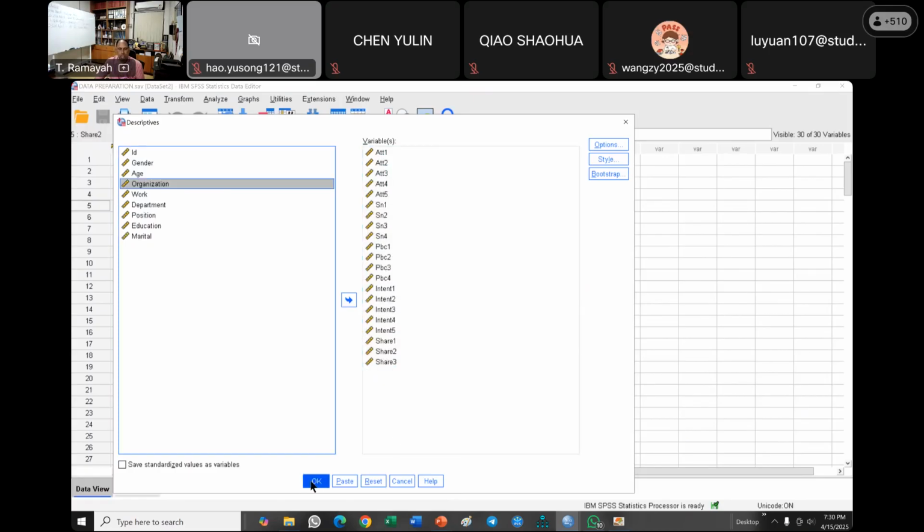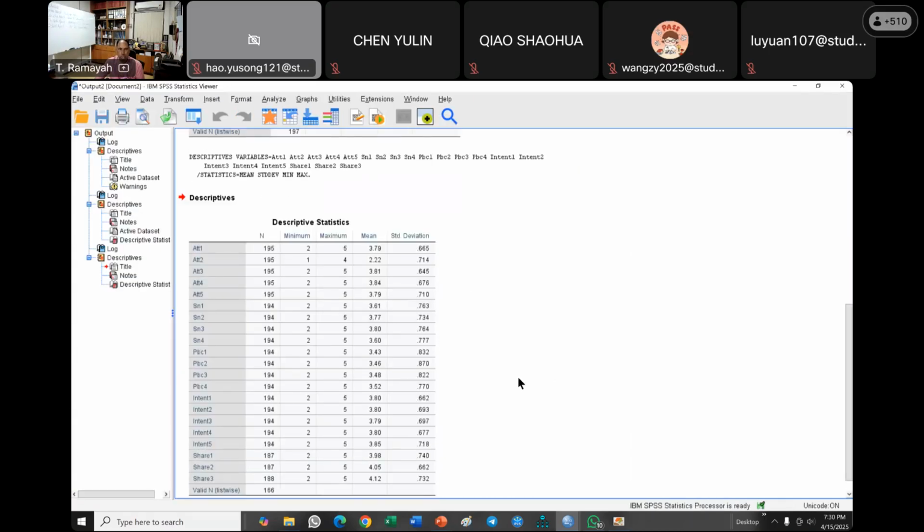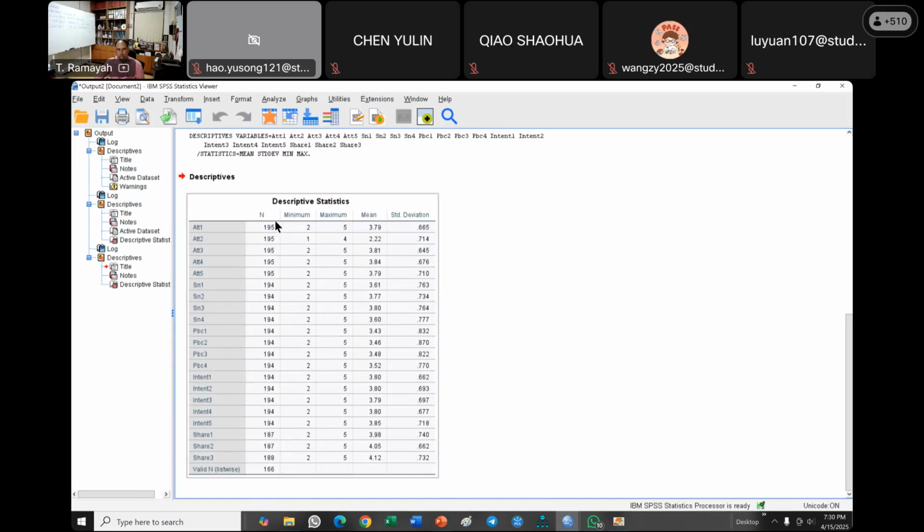And then we want to see the missing values. Your sample size is 195. The ones with more missing values are share number 1, share number 2, and share number 3. These have missing values, and the percentage for these three items is more than 5%.